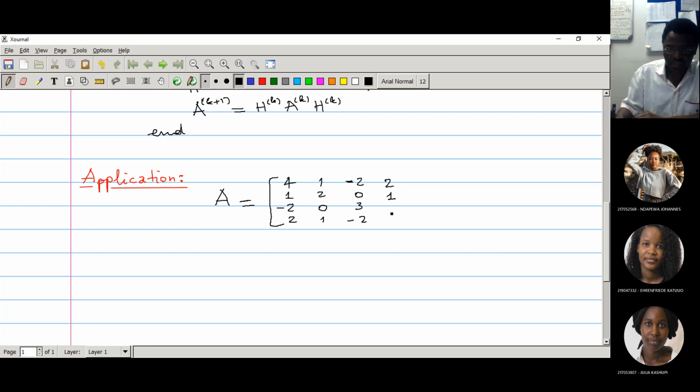That's 2, 1, and this negative 2 should be here by symmetry like that. And then we have the last entry here, which is negative 1. So we can see the symmetry, if I do this, this, we should have symmetry, and also this. So this is symmetric.